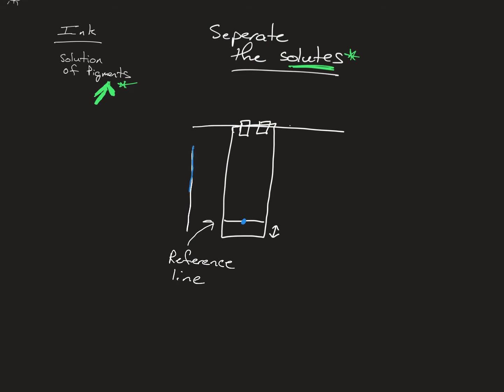You're going to put it into a beaker, and the beaker is going to have an amount of liquid, of solvent in it. You want the solvent to just touch the tip of the paper. Just touch the tip of the paper.